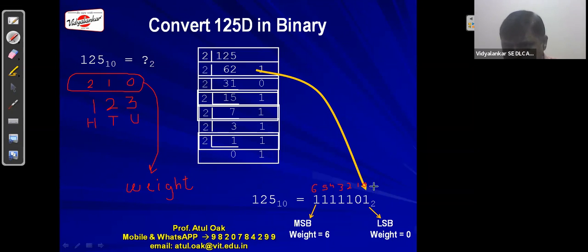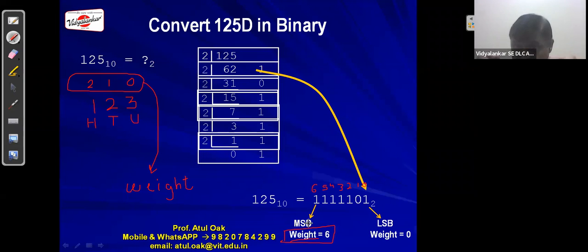The bit with highest weight, you can see weight is equal to 6. You know what a weight is? The bit with highest weight is called MSB.